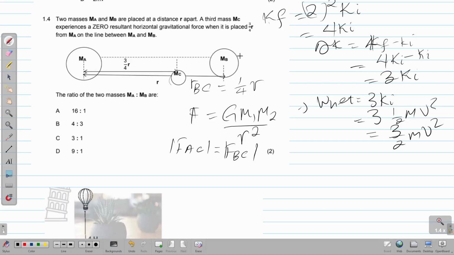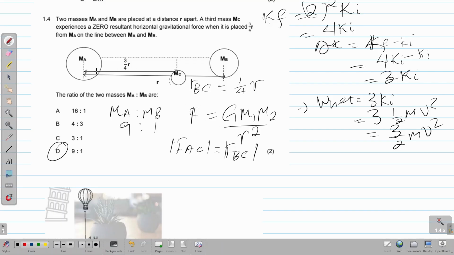So the mass must be 9 times bigger than the mass of MB. So the ratio MA to MB is 9:1. So the correct answer there is D.